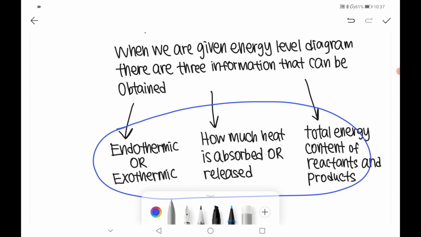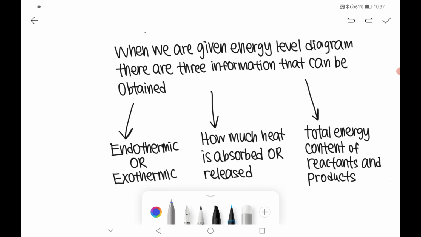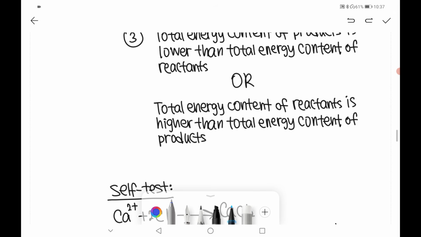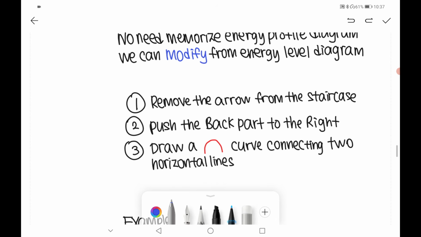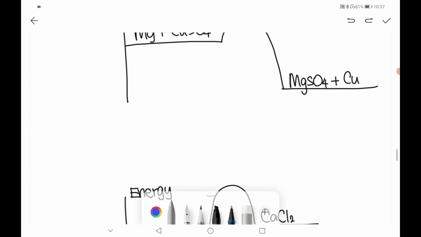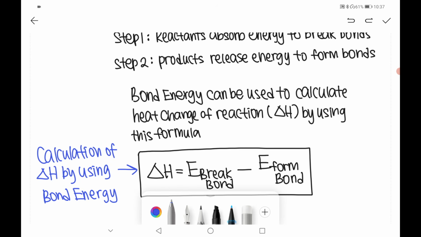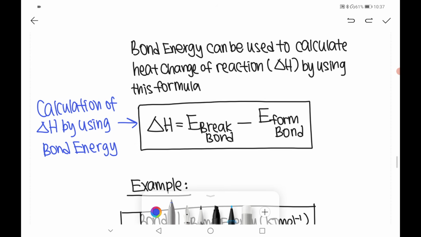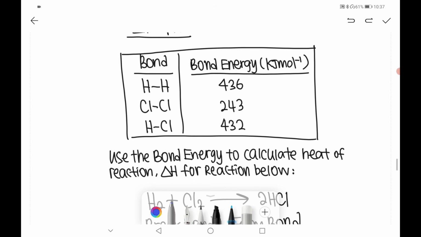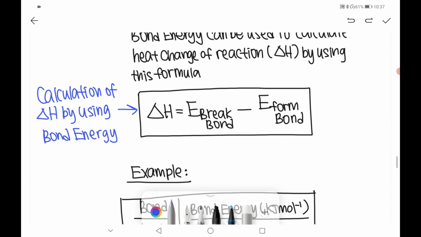After that, we need to know how to calculate the heat of reaction, delta H, by using bond energy with this formula.